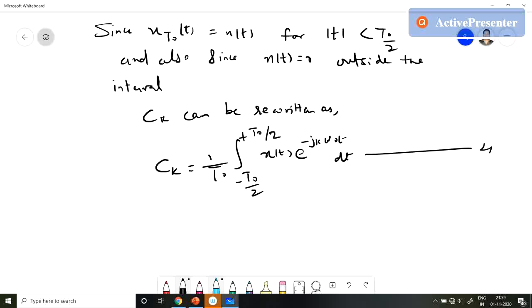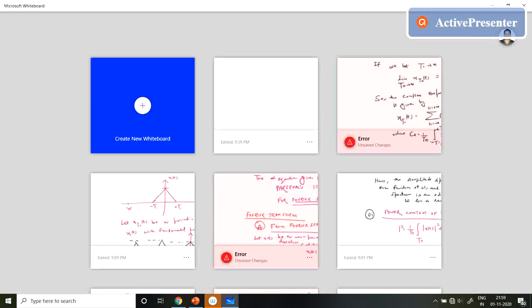This is equation number 4. We have simply written that.